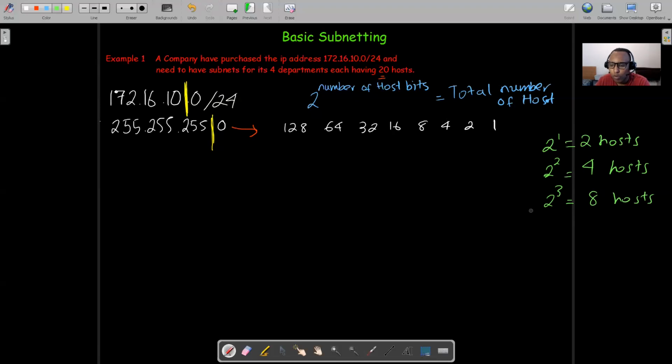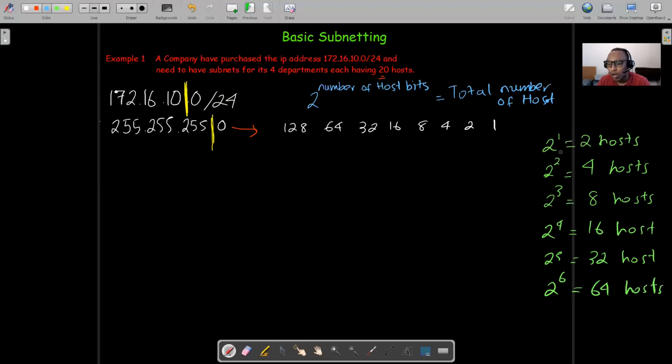If we borrow 4, that would be 2 to the power of 4, giving us 16 hosts. If we borrow 5, it would be 2 to the power of 5, giving us 32 hosts. And even 2 to the power of 6 would give us 64 hosts, and so on.